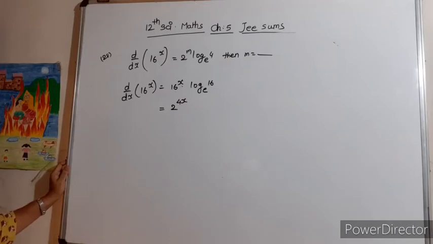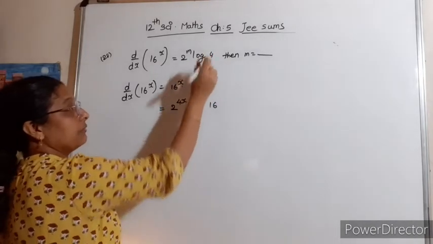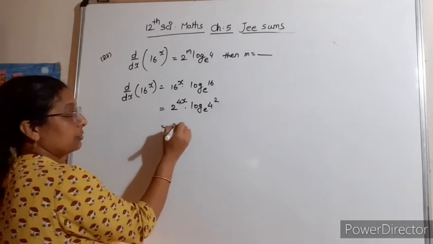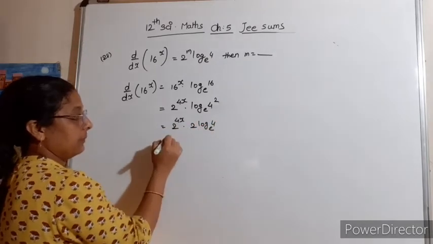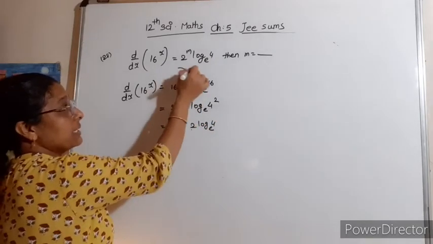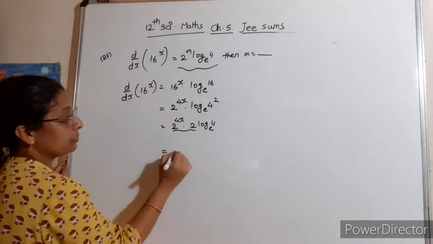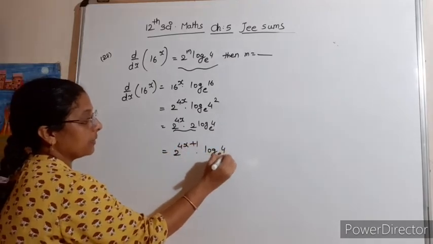Yes or no? Yes. And here log 16 है. मुझे 4 चाहिए. So 4 square base e. So 2 raised to 4x into 2 log 4 base e. 2 मुझे एक्स्ट्रा 2 तो इसमें दिया नहीं है. So ये दोनों को कंबाइन करो is equal to 2 raised to 4x plus 1 log 4 base e.